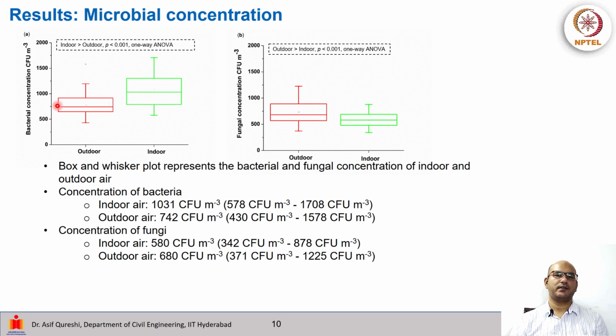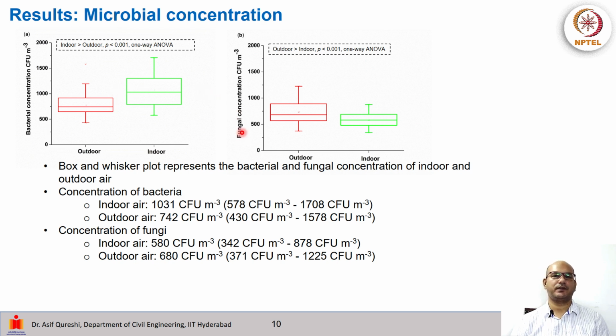The 25th and the 75th percentiles were around 300 and 1000, and these were the larger ranges, 95 percentile ranges. The concentrations of these bacteria indoors was significantly higher than outdoors. We can see easily the median was above 1000.